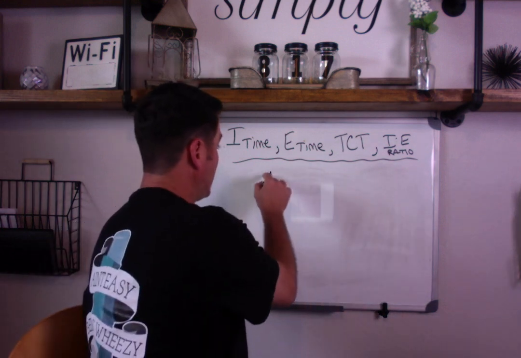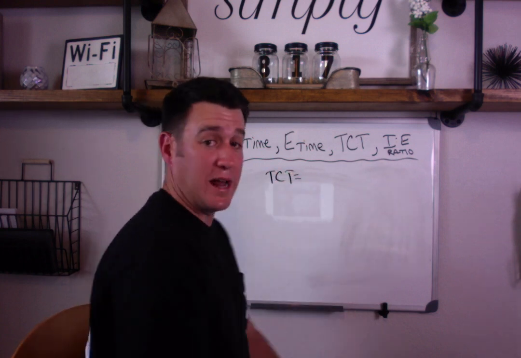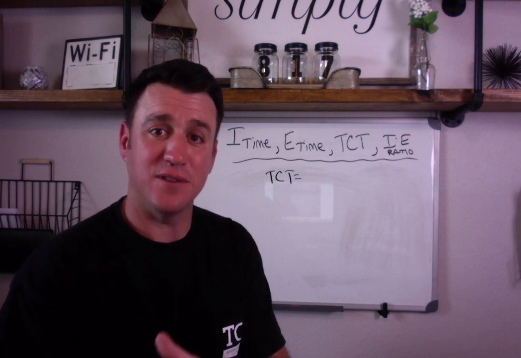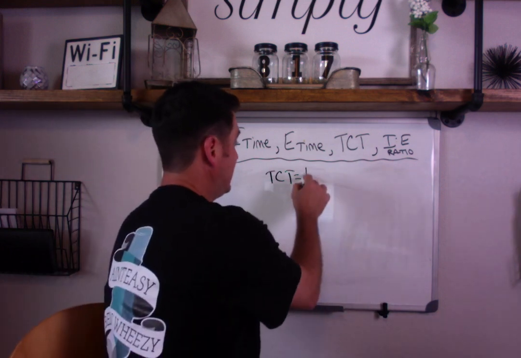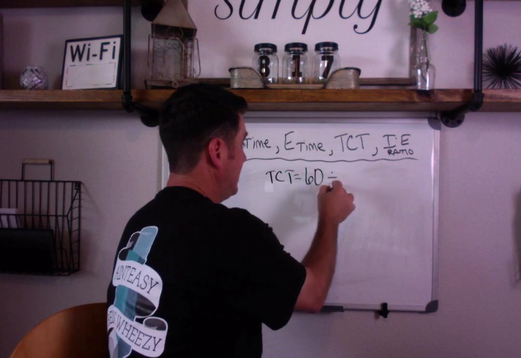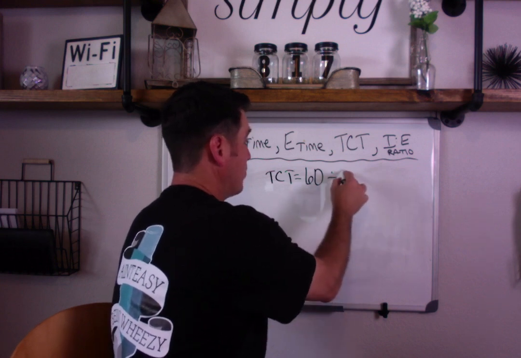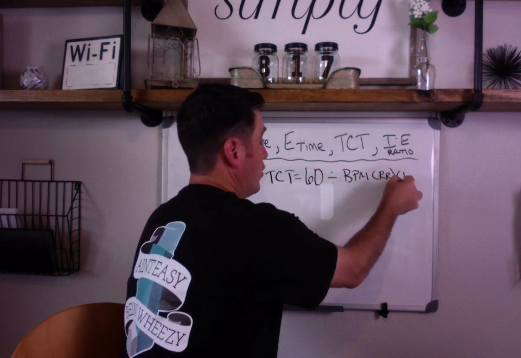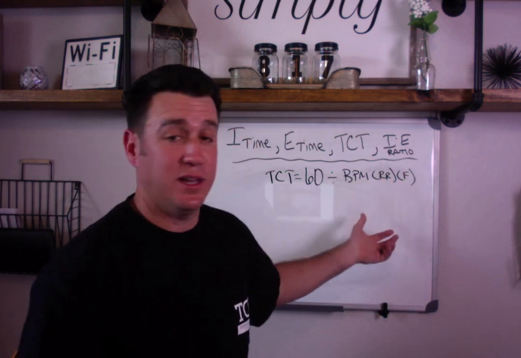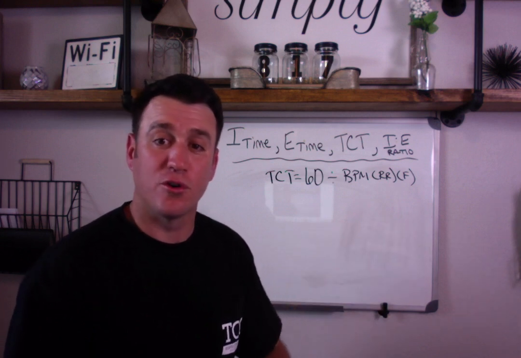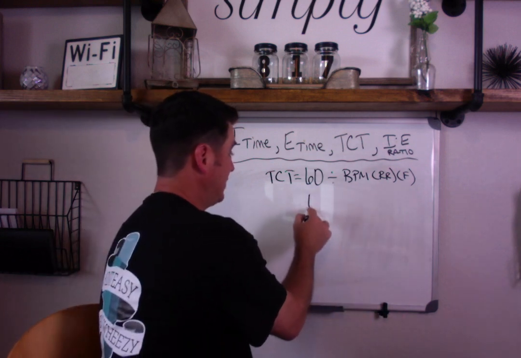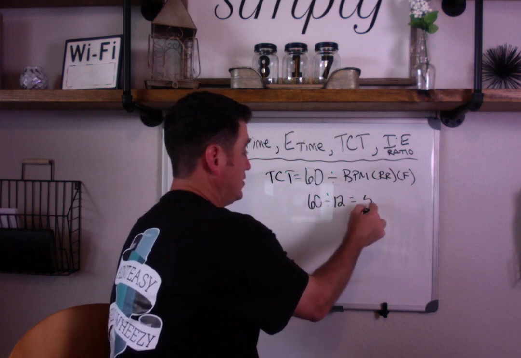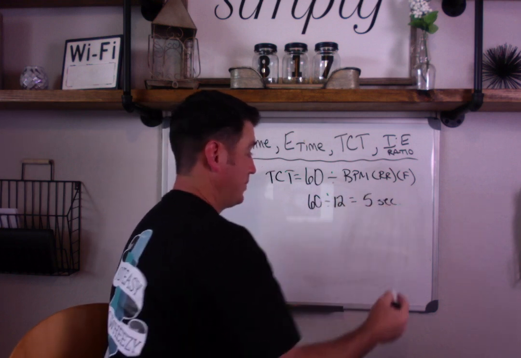Now, total cycle time is what I like to call easy. Take 60 seconds in a minute and divide it by your breaths per minute, or your respiratory rate, or your frequency, whatever you call it. So if you're on a rate of 12, then you simply do 60 divided by 12 equals 5 seconds.